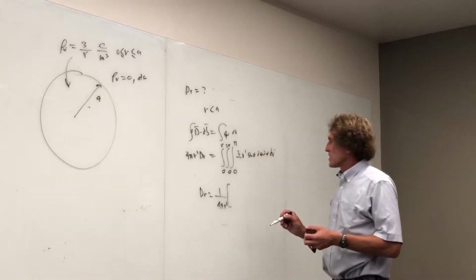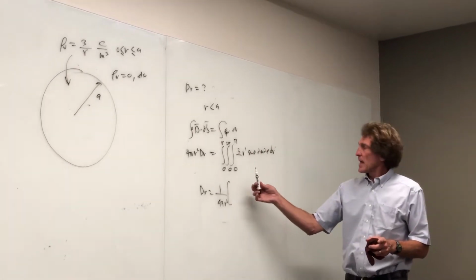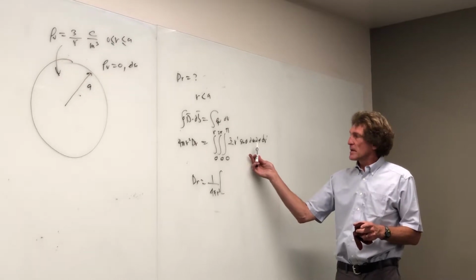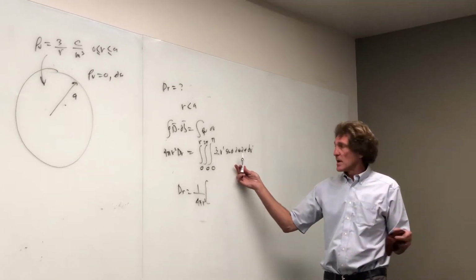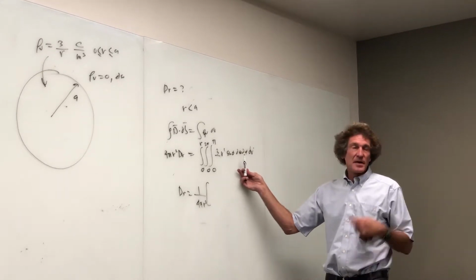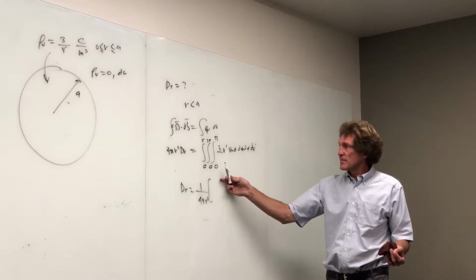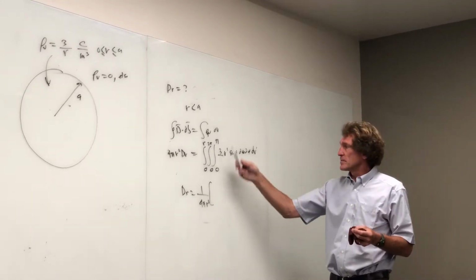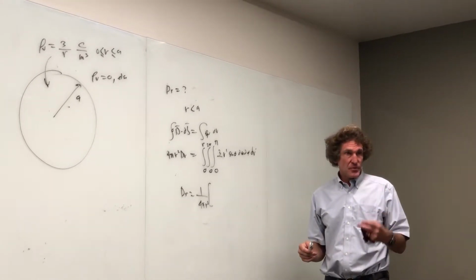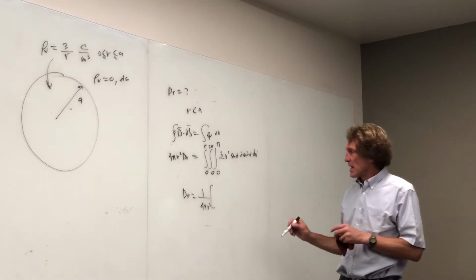Now, when I do the integrations, I can see d phi and d theta are going to give me 4 pi. Just get used to that. When I integrate sine theta d theta, it's minus cosine theta evaluated from 0 to pi, which will give me 2 all the time. When I integrate d phi from 0 to 2 pi, it's 2 pi. So I have 2 times 2 pi, or 4 pi.